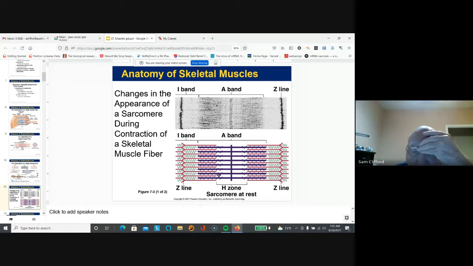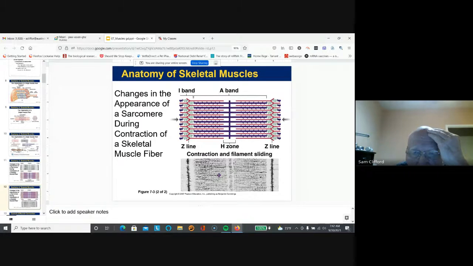What's going to happen with contraction? When contraction occurs, you can see that the sarcomere is shorter now, and the actin has been moved closer to the H zone so that more and more actin surrounds the myosin, and the whole sarcomere has shortened. With every sarcomere shortening, that leads to contraction.